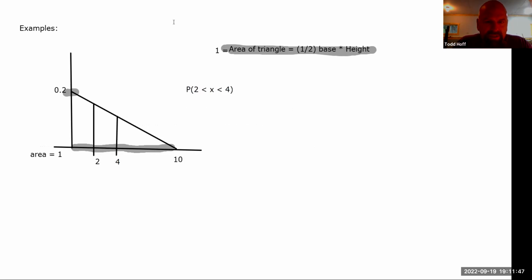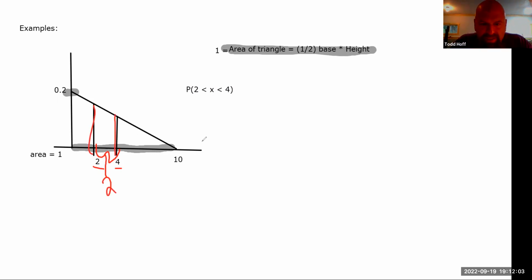I know that this distance across here is 2, because that's just the difference between 2 and 4. I just need to know those two lengths.